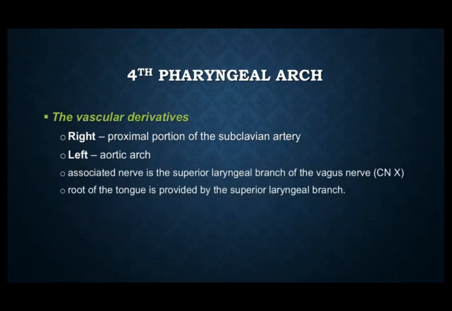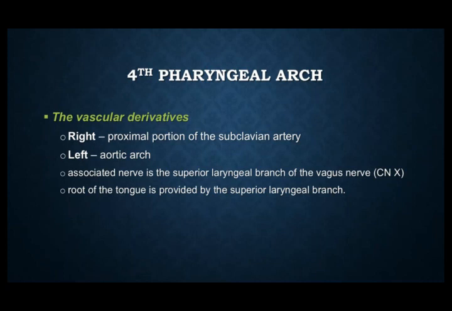One of the nerves associated with the fourth pharyngeal arch is the vagus nerve. The vagus nerve supplies all the different regions of the larynx.